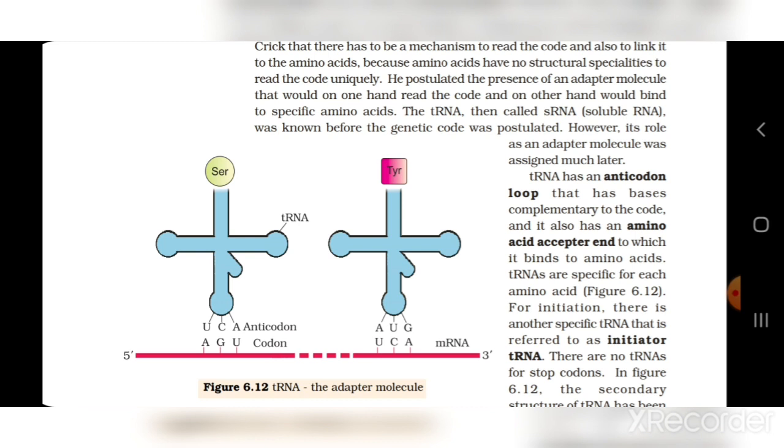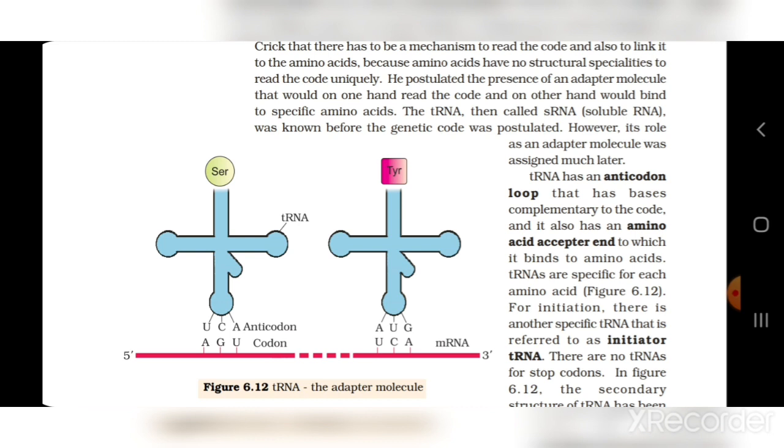Now, coming to the structure of tRNA, this is the secondary structure. It looks like a clover leaf, but this is a 2D structure, so it is a secondary structure, while the three-dimensional tertiary structure depicts a compact inverted L-shaped molecule.